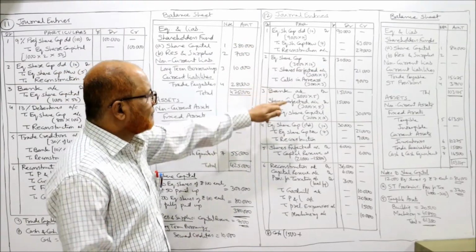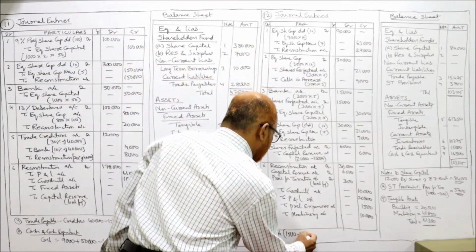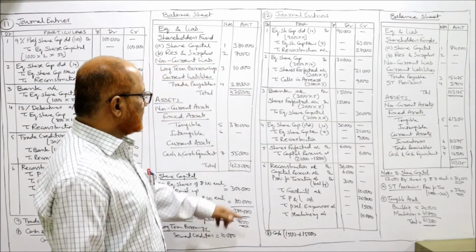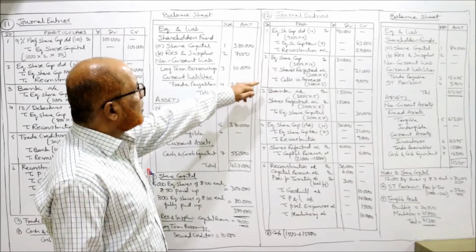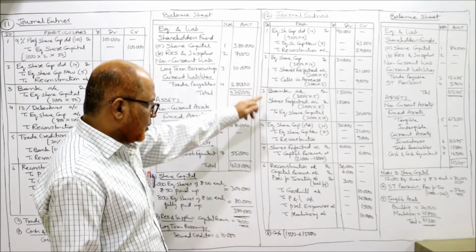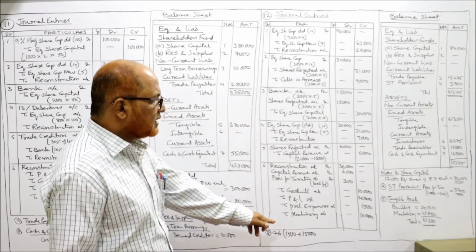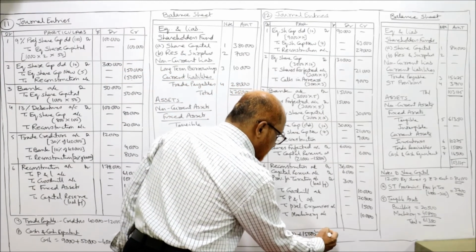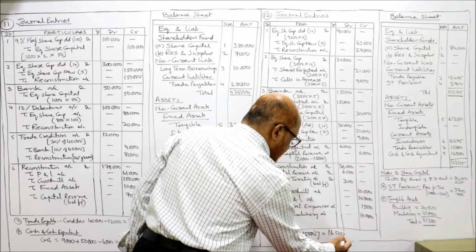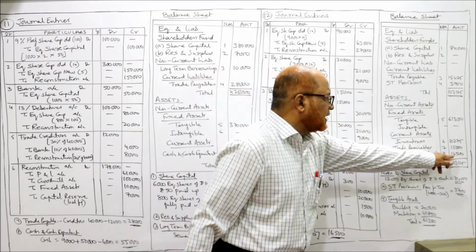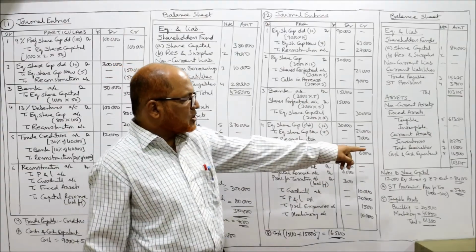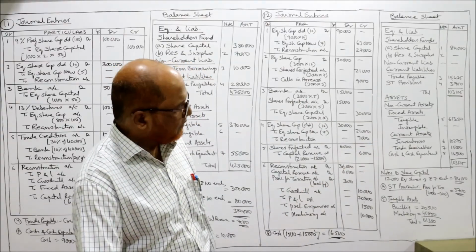You can see 15,000 plus 15,000. Then next, is any other bank account credited? Is the bank account credited anywhere? No, not at all. So 1,500 plus 15,000, you'll get 16,500. The same 16,500 I have taken in the balance sheet. The total of the balance sheet is 1,03,120.